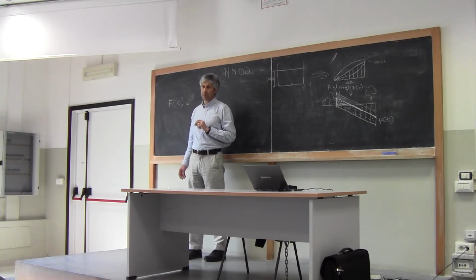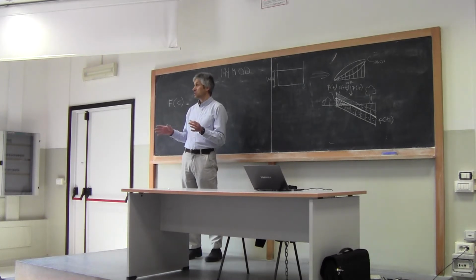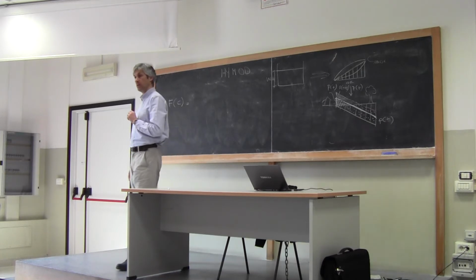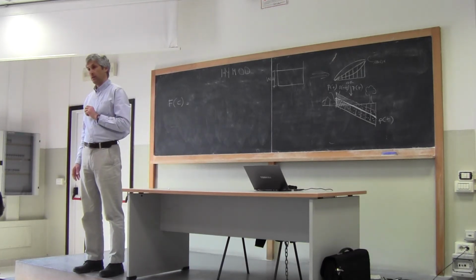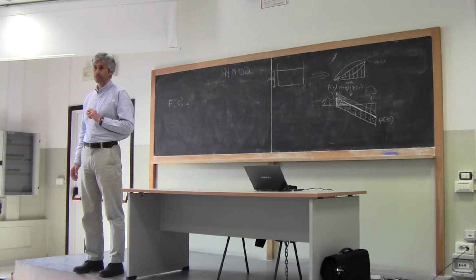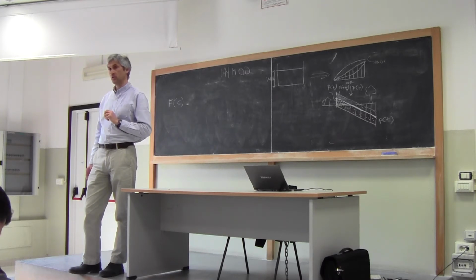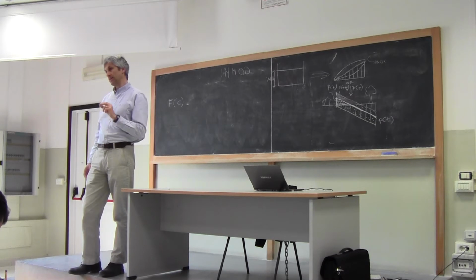I will repeat this definition: F is the fraction, expressed between 0 and 1, of the catchment that has a storage which is less than or equal to C. Again, F stands for the fraction of the catchment that has a storage that is less than or equal to C.